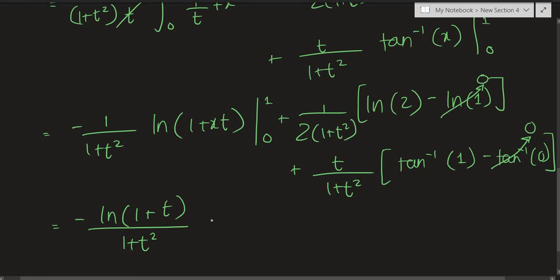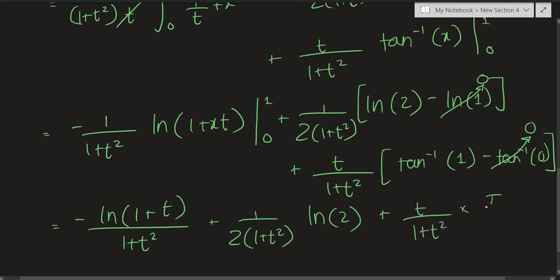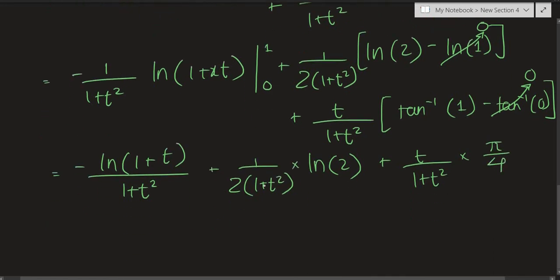And for the next term now we have 1 over 2 times 1 plus t squared times the natural log of 2, because this thing just disappeared to 0, plus the inverse tangent of 1 is pi over 4. So t divided by 1 plus t squared times pi over 4. So that's basically your simplified version of I prime of t.